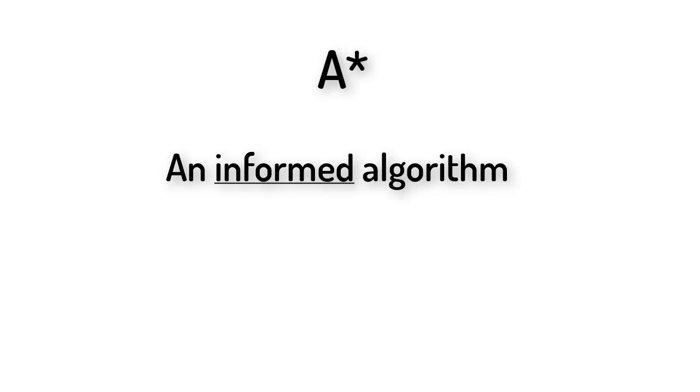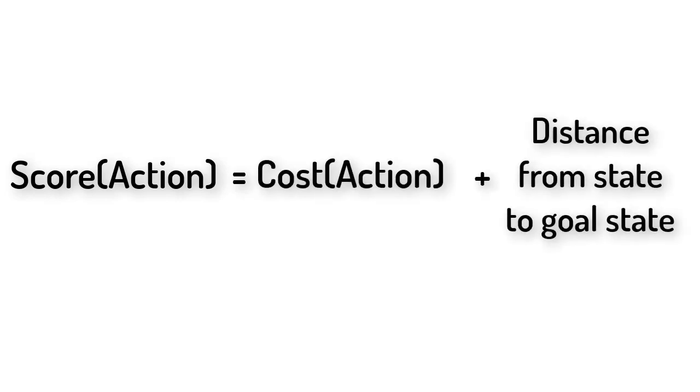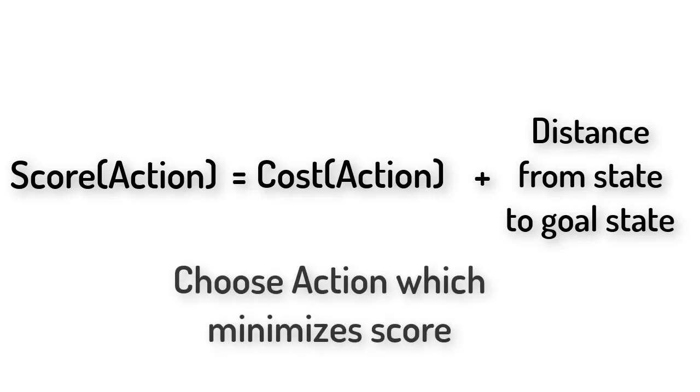Here's how AStar works. Every potential action that the robot can take is given a score. The score is equal to the sum of the cost of taking the action plus the distance that the robot would be from its goal state if it took that action. The robot calculates the score of each potential action, then takes the action with the lowest score.